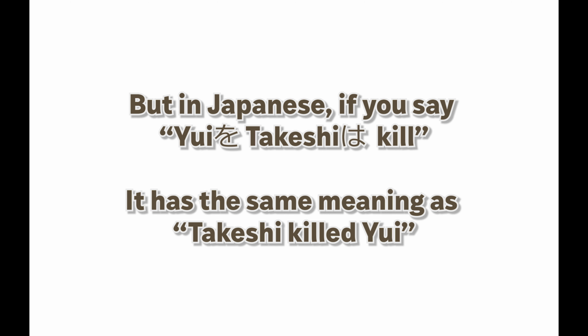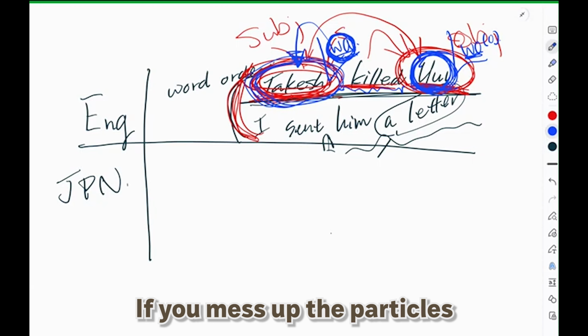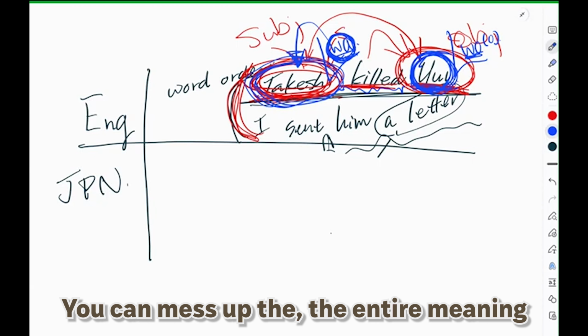Okay. So with that, just imagine how important word order is in English. That's how important particles are in Japanese. If you mess up the particles, you can mess up the entire meaning of the sentence you want to say, right? Just like these examples that I shared. If you, for example, make a mistake and put the particle that signifies the object on Takeshi, then you're making Takeshi being killed.